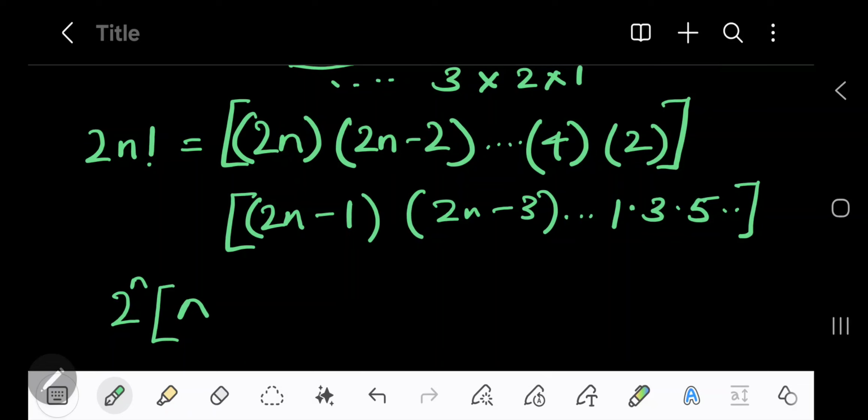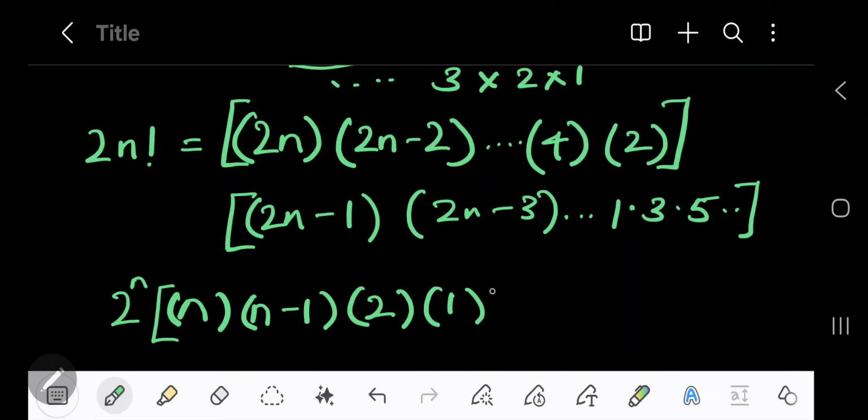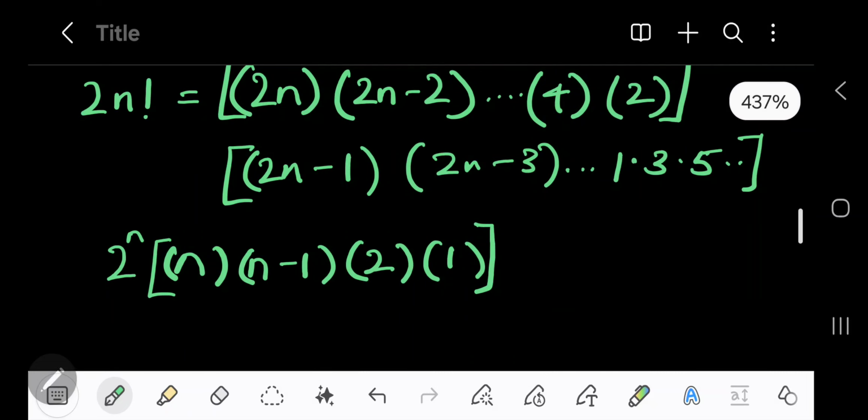And if you take it out, you'll get n, and 2n minus 2 would just become n minus 1. This would become 2, that would become 1.